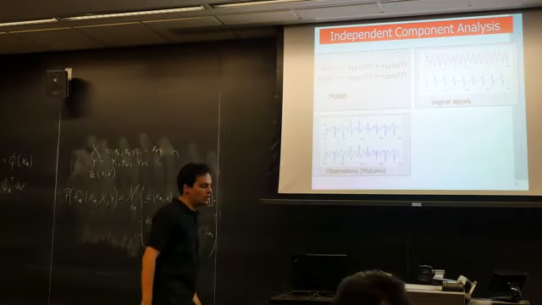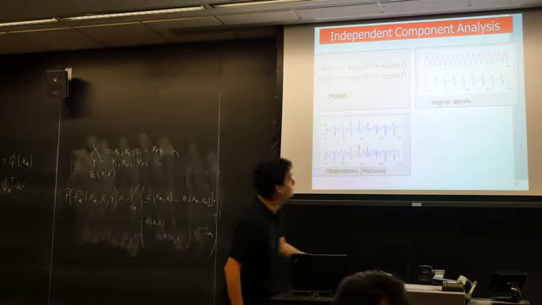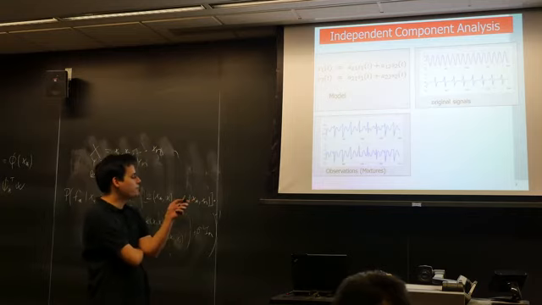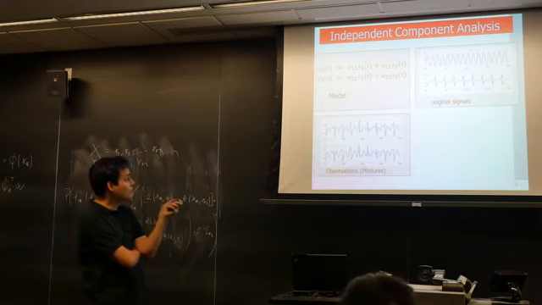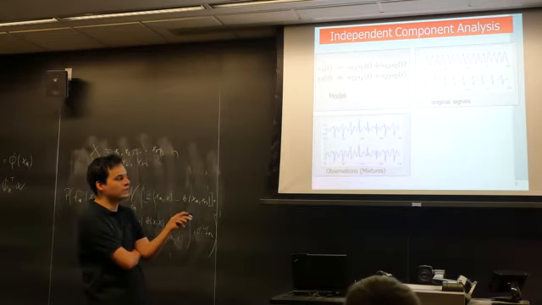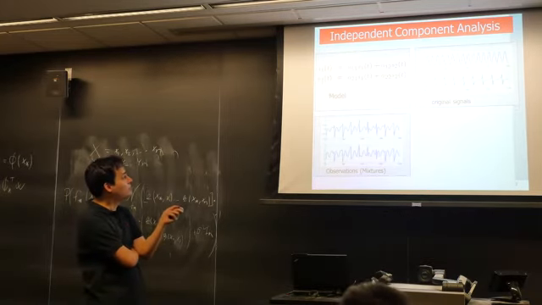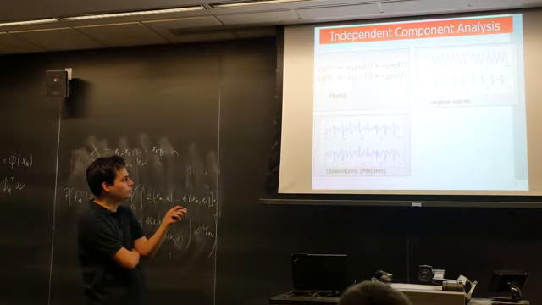So here is the goal that we want to solve. Say you have two signals, S1 and S2. They are time series, okay? And someone mixed these two signals like this with these mixing coefficients A11, A12, A21, A22, and you only observe X1 and X2.